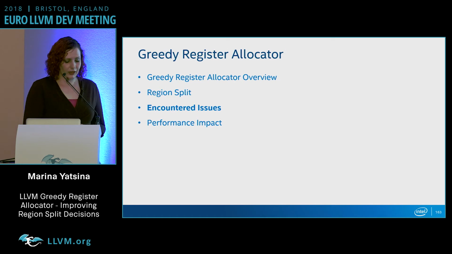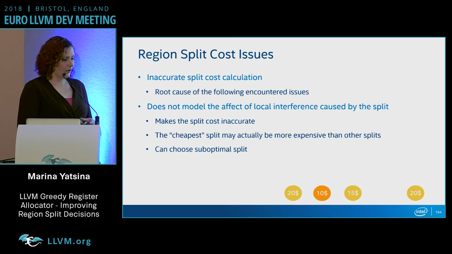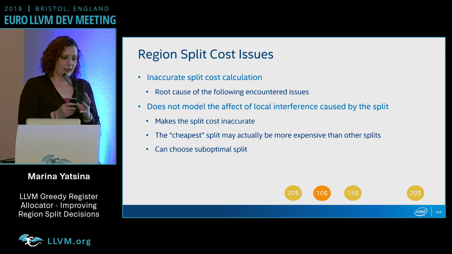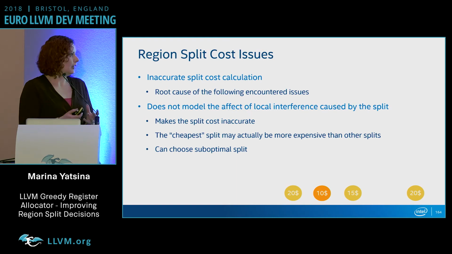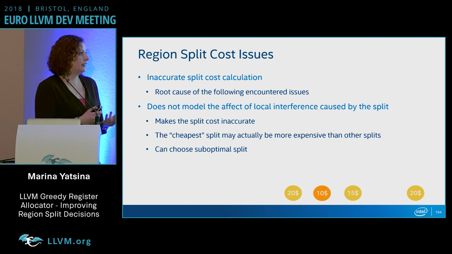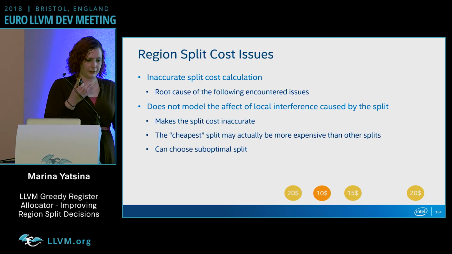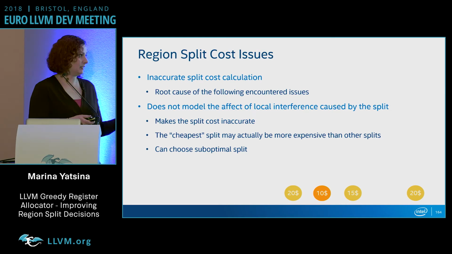Now, let's talk about the encountered issues. The root cause of all these encountered issues is actually something that is not considered during the calculation of the split cost. I call this local interference that is caused by the split. So we may split X, and the split may cause something called local interference, and I'm going to explain what it is in the next slides.